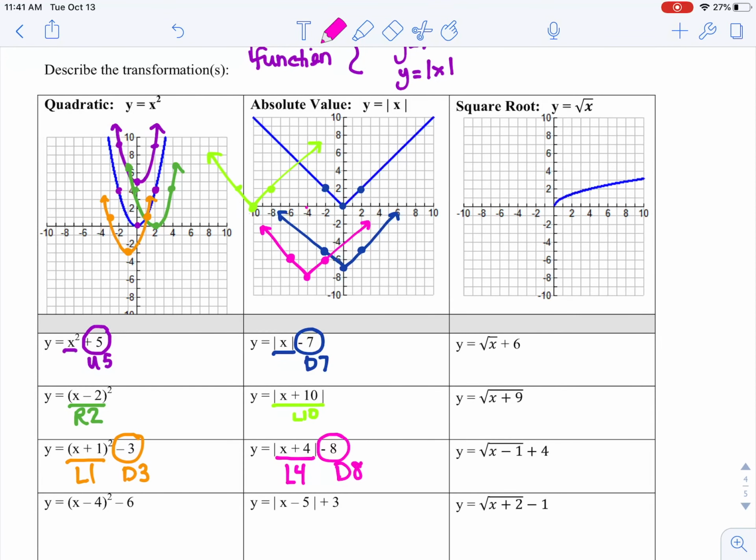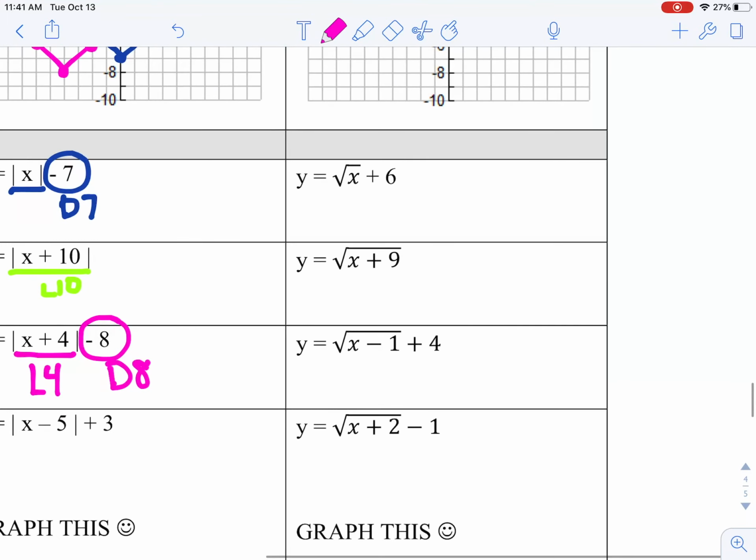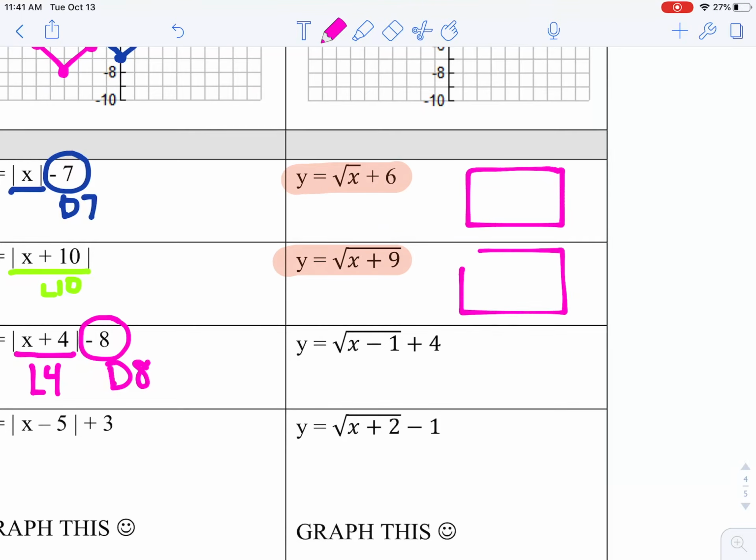Same concept for square root. So let's go through this. If you have y equals the square root of x plus 6, what's your transformation? If you have y equals the square root of x plus 9, what's your transformation?